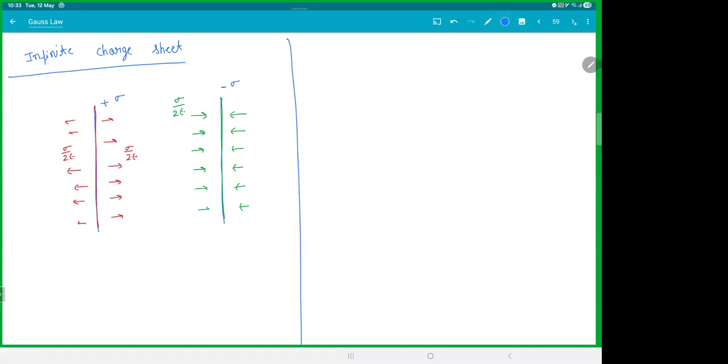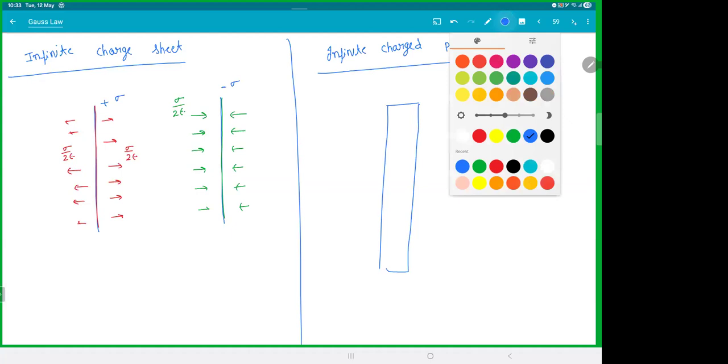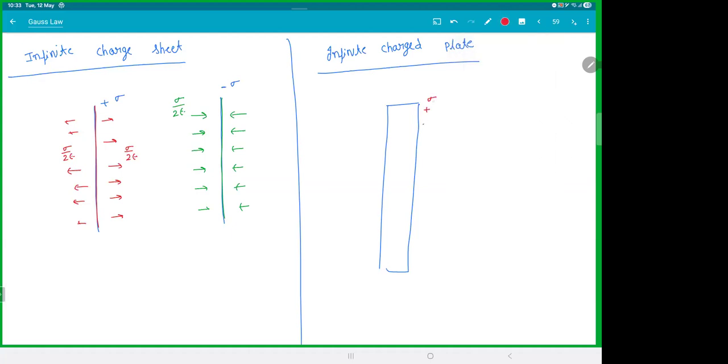Now, sometimes they'll use the word infinite plate. The difference is that a plate has a thickness. So that means it can be treated as two sheets. So an infinite plate will have two surfaces.